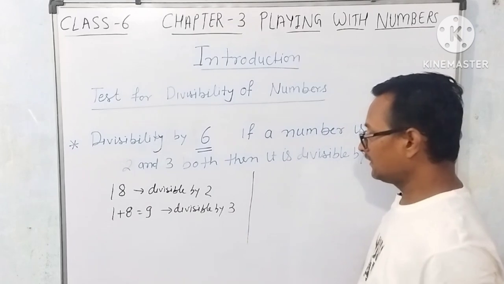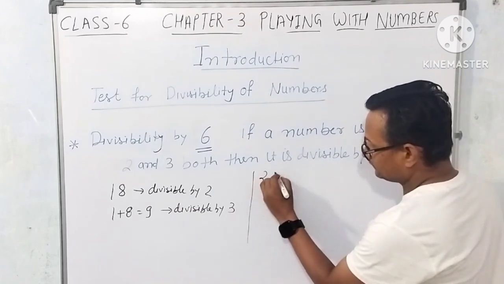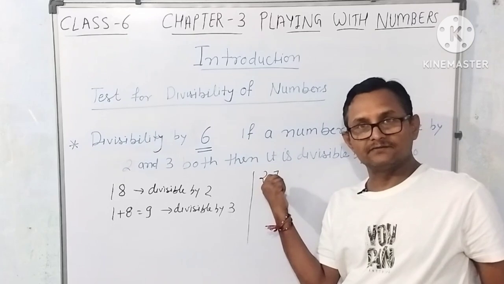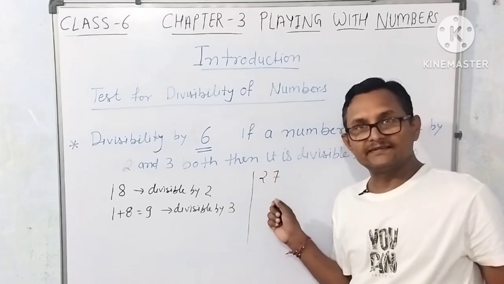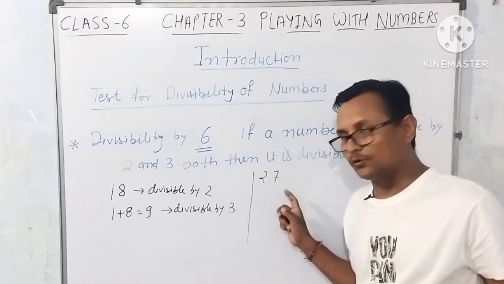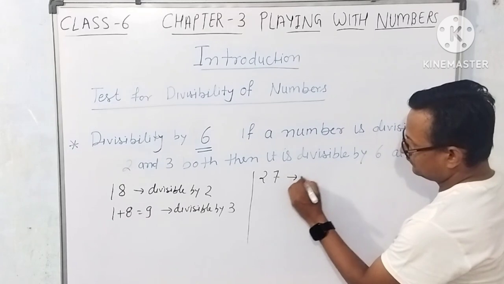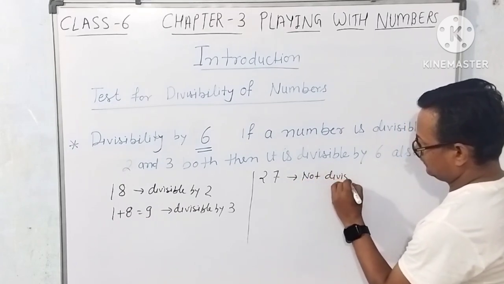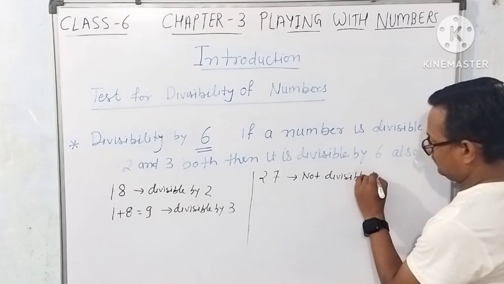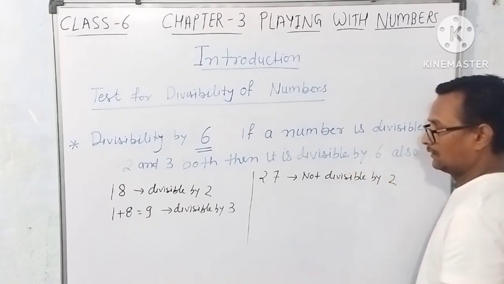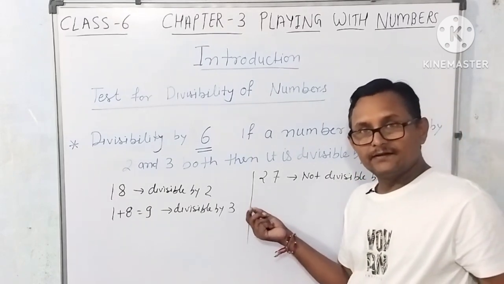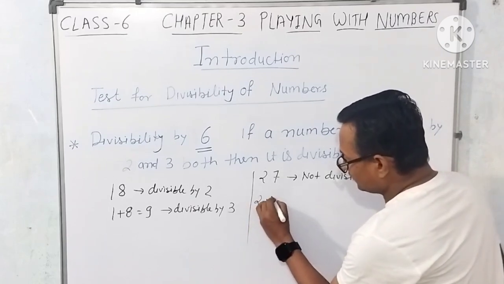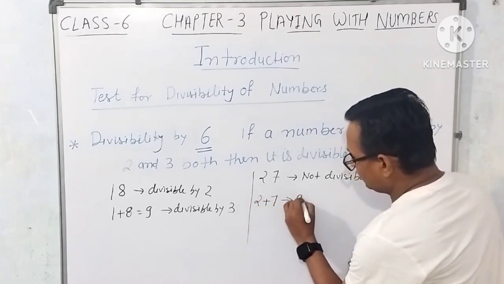Now another example, 27. Now the ones place is 7, which is an odd number. So we can say it is not divisible by 2. Let's check for 3. We do the sum here: 2 plus 7 equals 9.